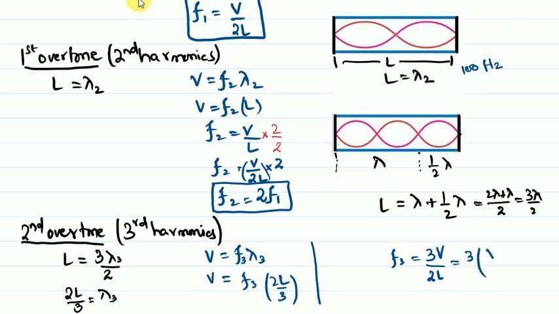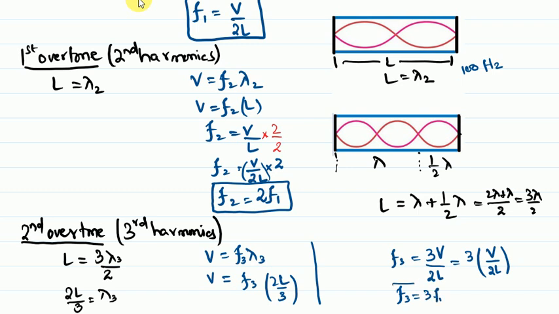Let us separate this 3 from here. This was F1, so F3 is equal to 3 times F1.